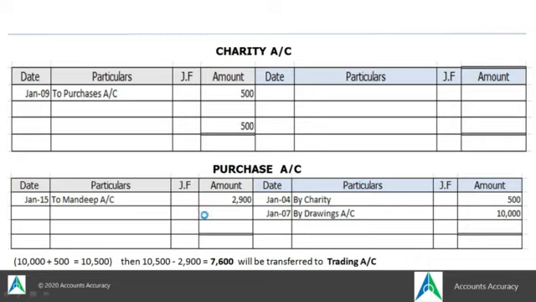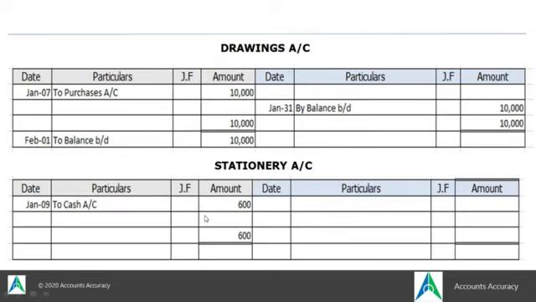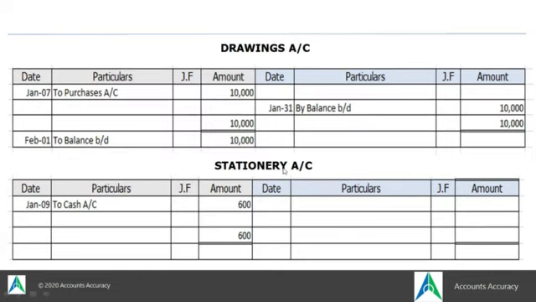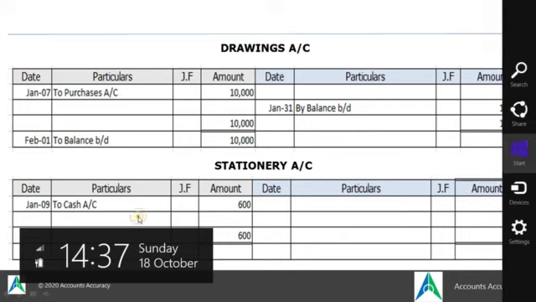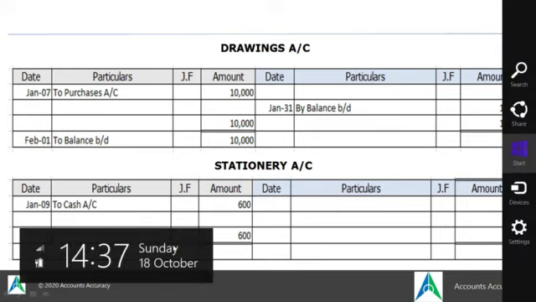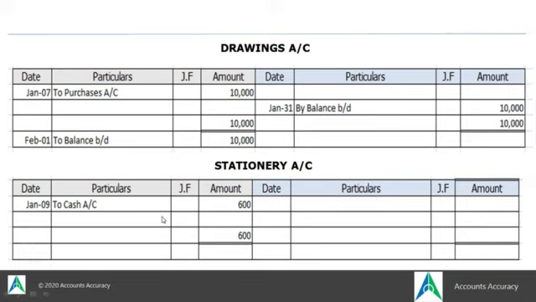You write 600 on both sides and no balancing is done. You will simply carry it to the profit and loss account. So we don't do any brought down and carried down calculation in case of stationery because it's an expense, and we don't do the totaling and balancing of nominal accounts.